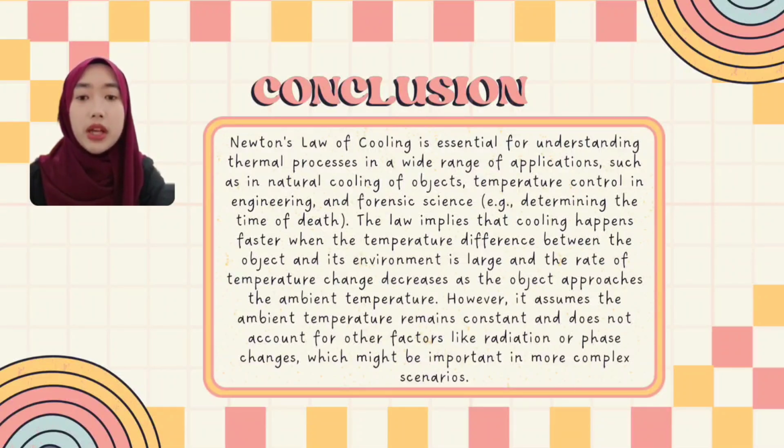The law shows that cooling occurs faster when the temperature difference between an object and its surroundings is large, and the rate of temperature change decreases as the object approaches the ambient temperature. However, it assumes that the ambient temperature remains constant and does not take into account other factors, such as radiation or phase change, which might be important in more complex scenarios.